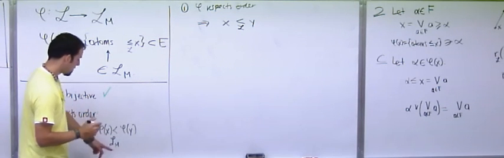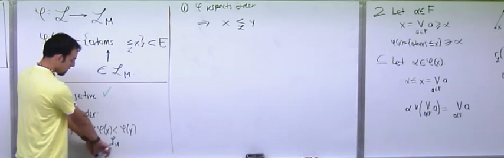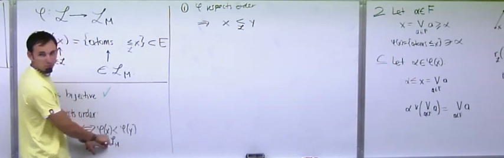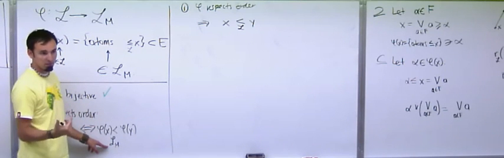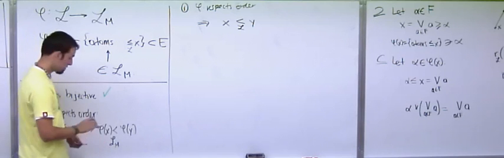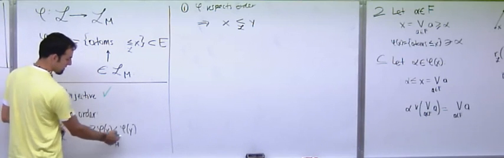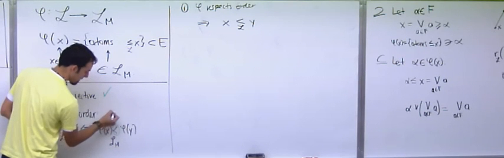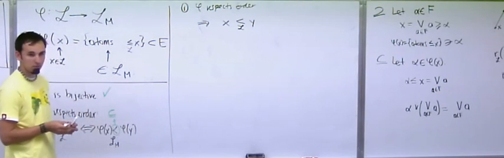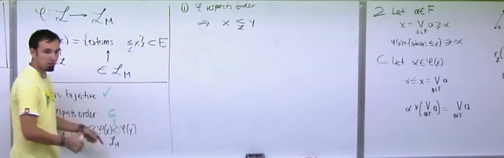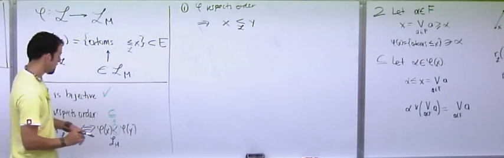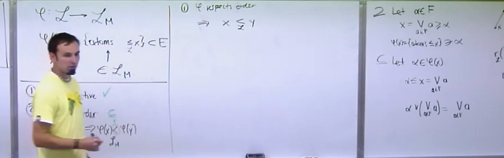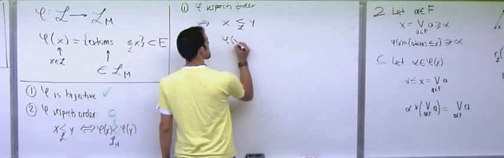Now, just so we don't get confused, what is the order in the lattice of flats of a matroid? Remember that we defined the lattice of flats to be a poset of flats ordered by containment. So saying that phi of x is less than phi of y in a lattice of flats is the same thing as saying phi of x is contained in phi of y. This was the definition of the order in any lattice of flats. So if I start with x less than y, I need to show that phi of x is contained in phi of y. But what is phi of x?